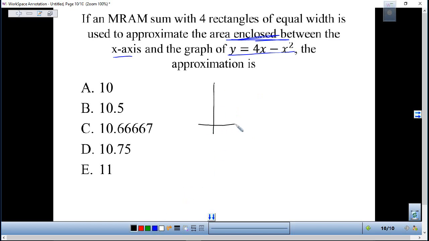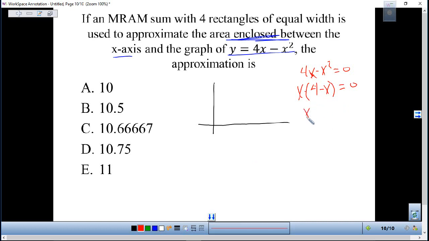So what we're going to do is sketch this graph. We're going to look at this part right here, 4x minus x squared, and I want to find the zeros for this. I want to find where it's crossing the x-axis. So 4x minus x squared equals 0, and I can factor out a common x, and that's going to leave me with 4 minus x equaling 0.